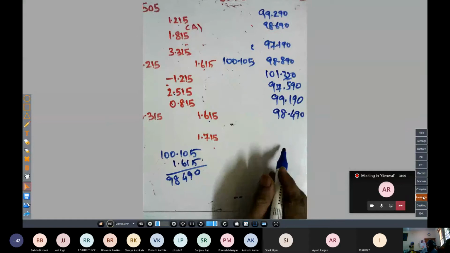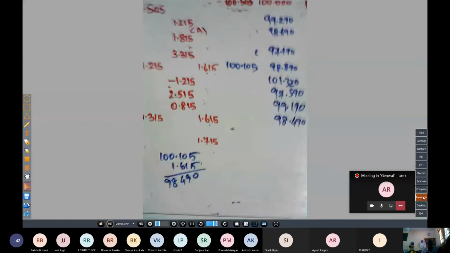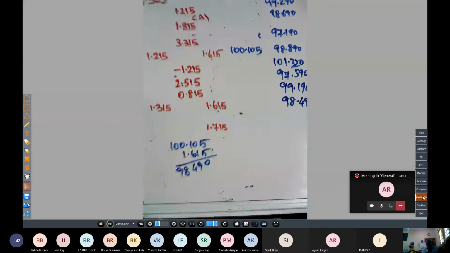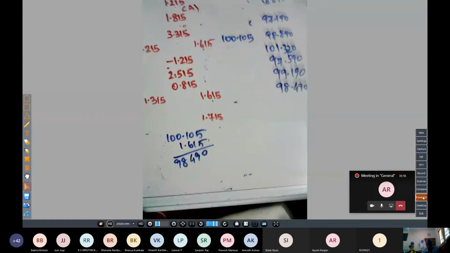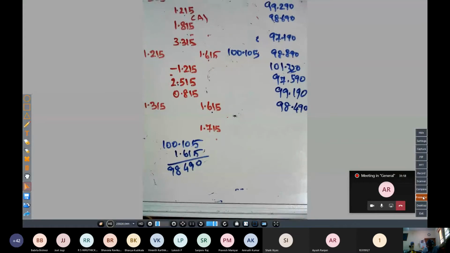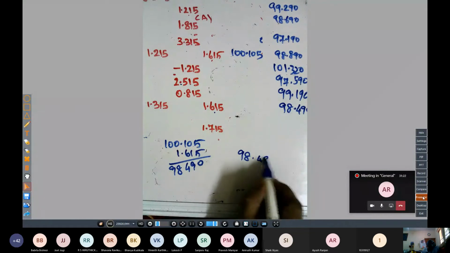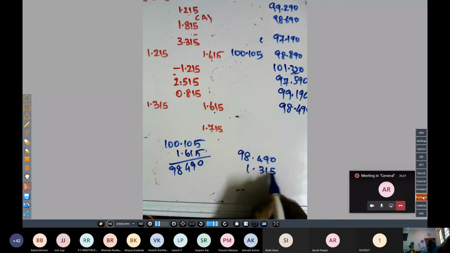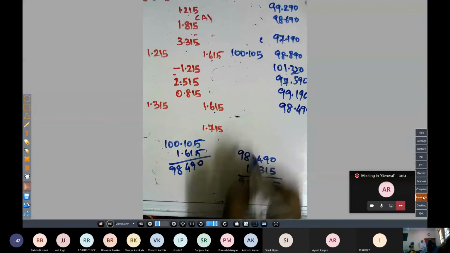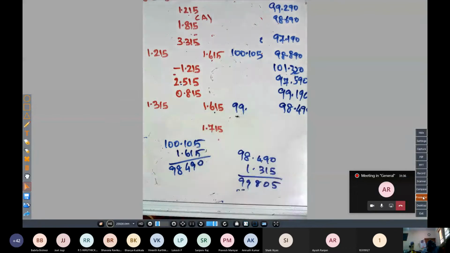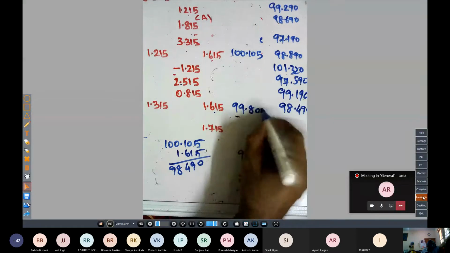So what is the new height of collimation? 98.490 plus 1.315 is 99.805.